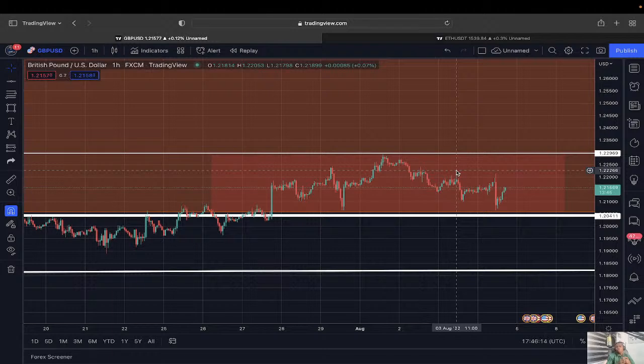What we are doing now is using price action to predict the market. Price action has to do with understanding the historical data on the chart and using it to predict the future: what price has done in the past, what price is doing, and what it would most likely do.